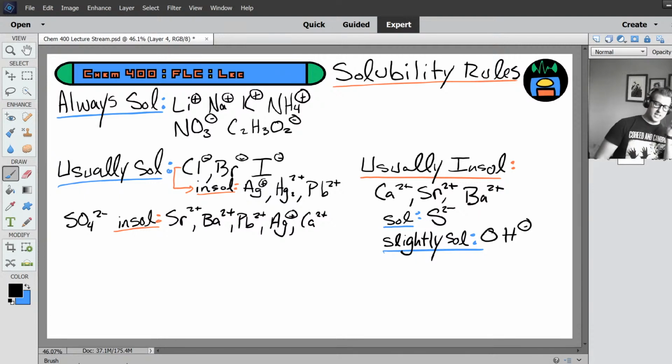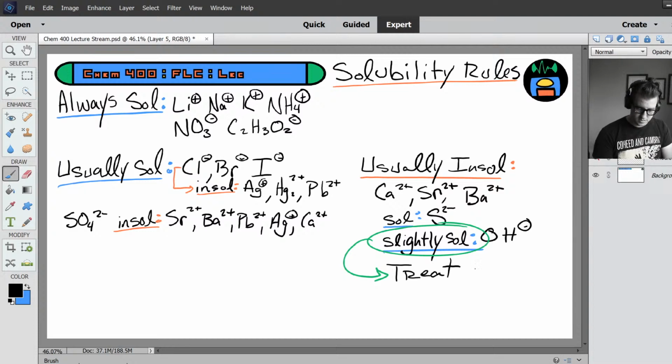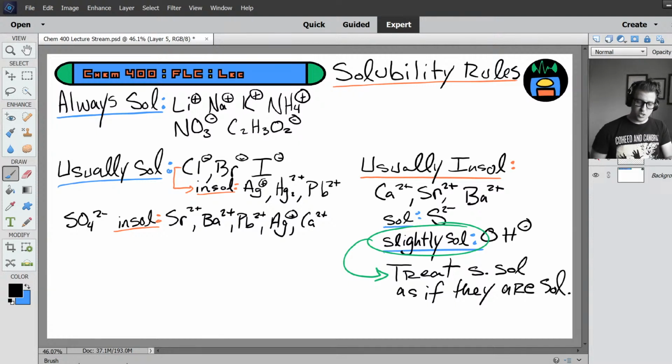Now what does that slightly soluble thing mean? For this class, we're just going to treat our slightly soluble compounds as if they're soluble.